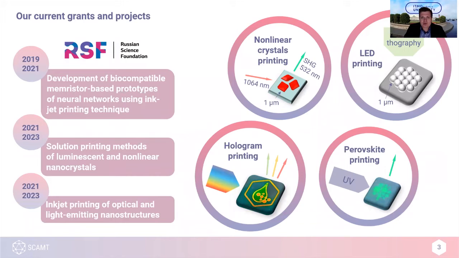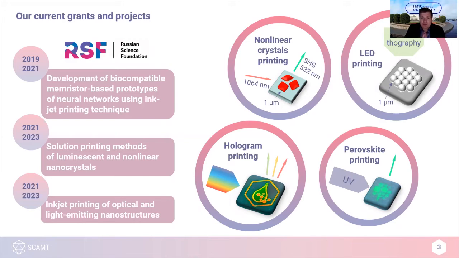Here you can see that now we have three independent research grants supported by the Russian Science Foundation. Two of these grants support individual groups, and one grant supports a small group headed by a young postdoc. The focus of these grants is the following.